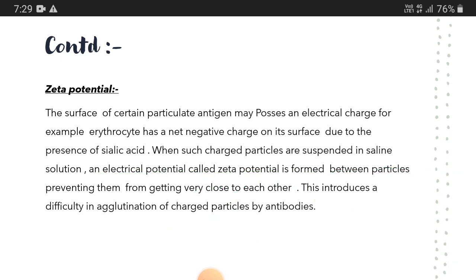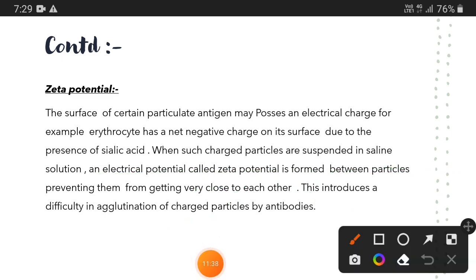Okay, so we have learned that agglutination can be inhibited in three ways. If antibody is in excess amount, then there can be inhibition of agglutination, and this kind of inhibition is known as Prozone effect. If antigen is in excess amount, there can be inhibition of agglutination, and this effect is known as post-zone effect, and in case of antibody it is known as Prozone effect.